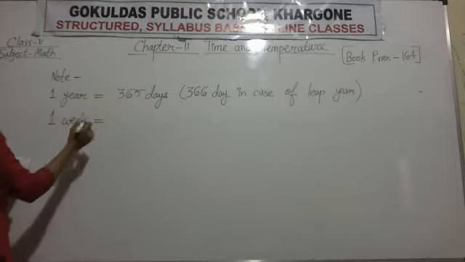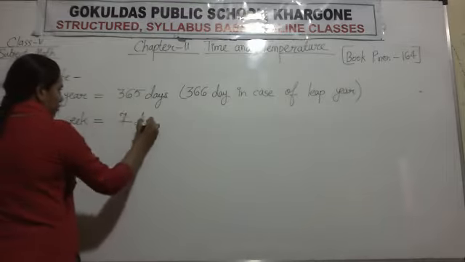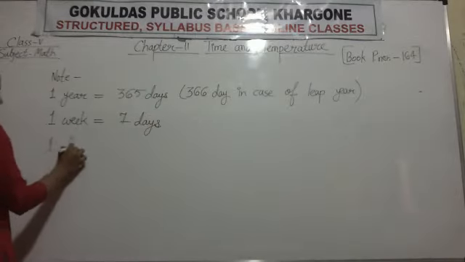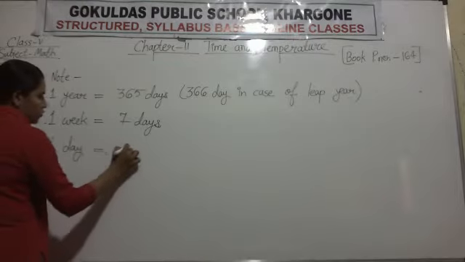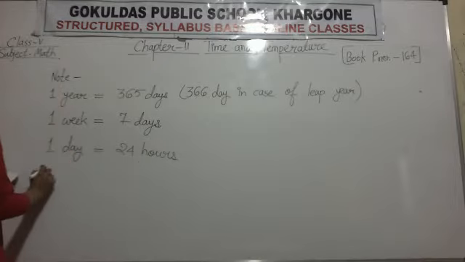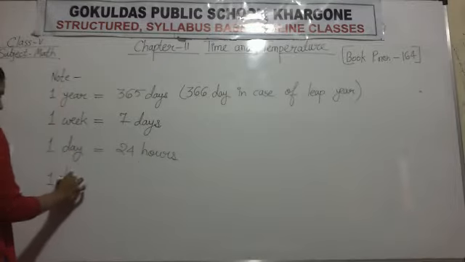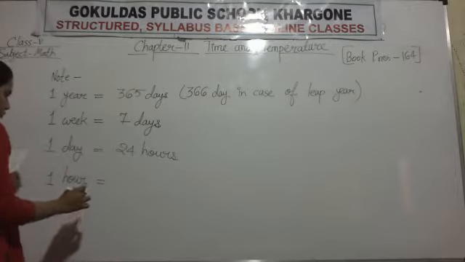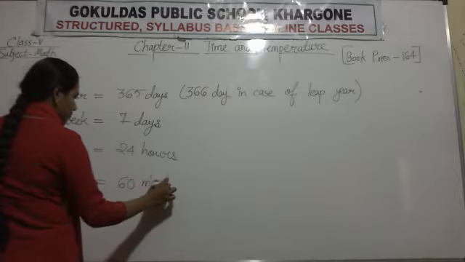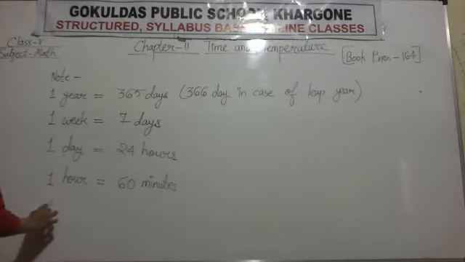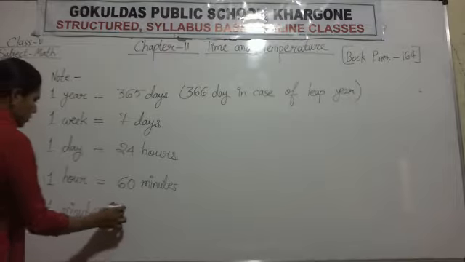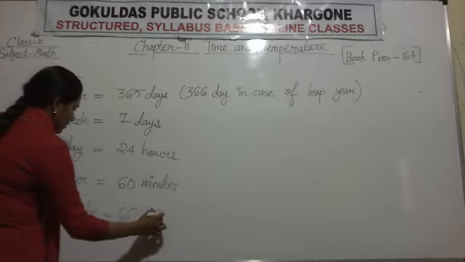1 week is equal to 7 days, and 1 day is equal to 24 hours, and 1 hour is equal to 60 minutes, and 1 minute is equal to 60 seconds.